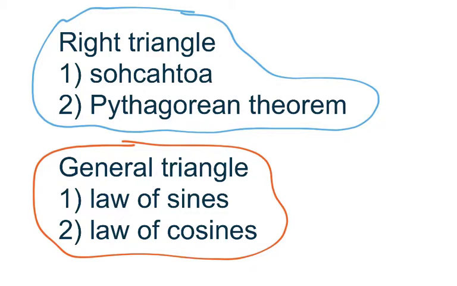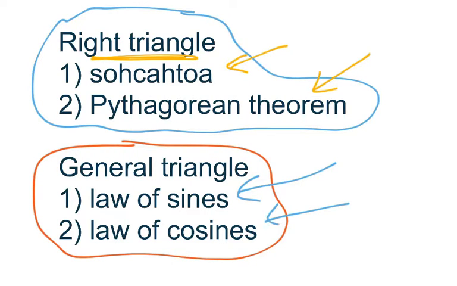Because of that, we got pretty good at doing SOHCAHTOA, using sine, cosine, and tangent, and sometimes in combination with the Pythagorean theorem. But what happens when you don't have a right triangle? Well, now you have two other choices. You can use the law of sines, and as I'm going to introduce today, the law of cosines.